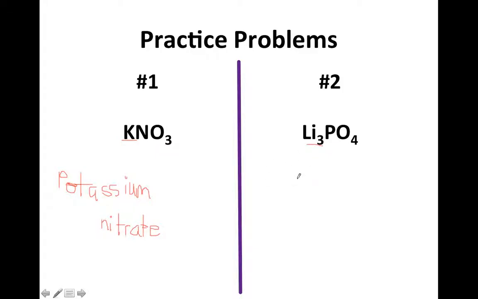Now, the second one, lithium. Okay, and because these are polyatomics, you don't have to do the prefixes on these, so we just go as is. So it's lithium, and then I try to find PO4. PO4 on the chart is phosphate.